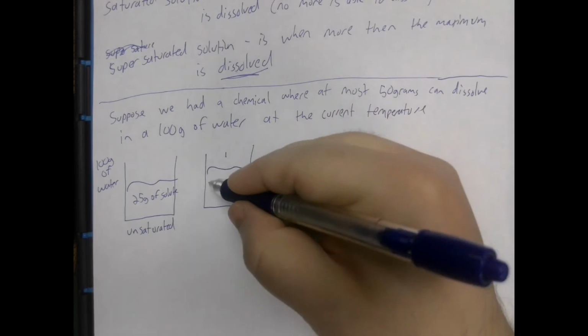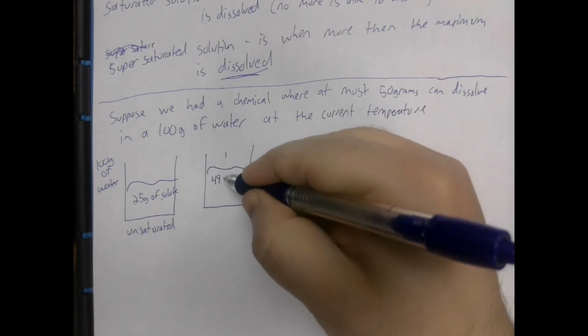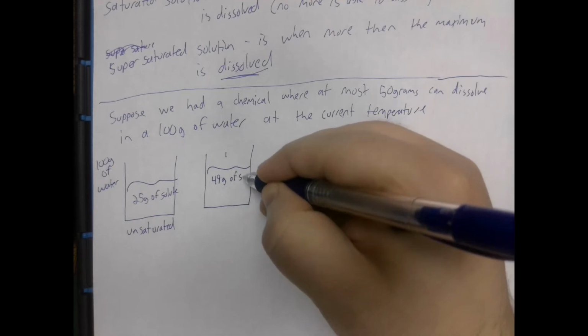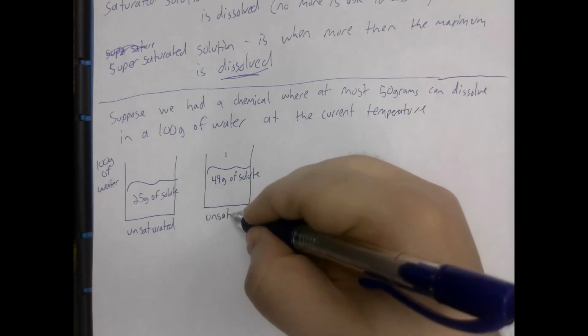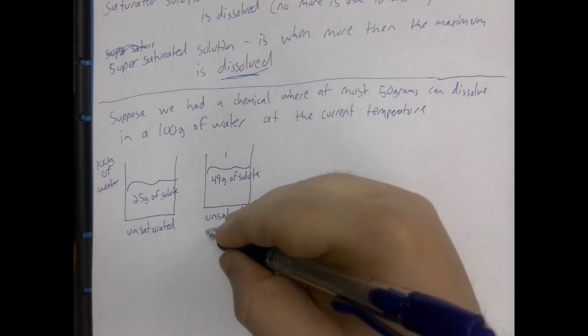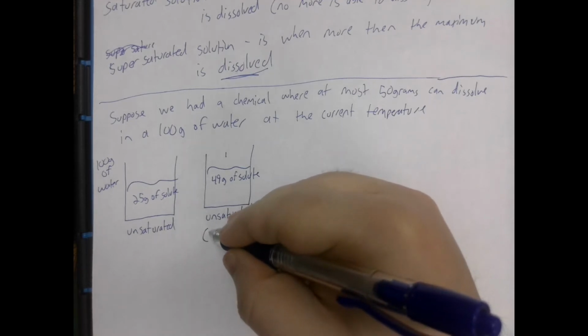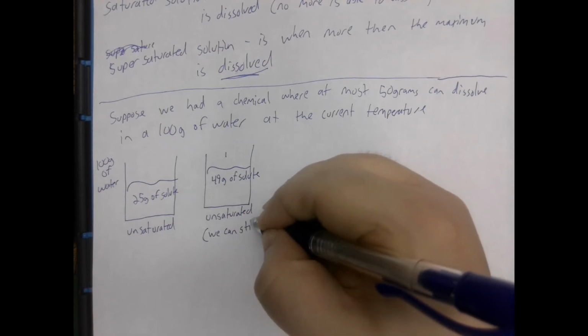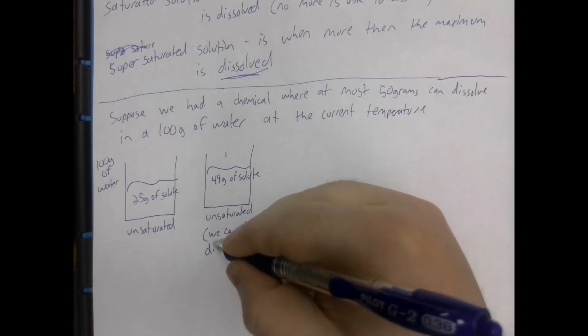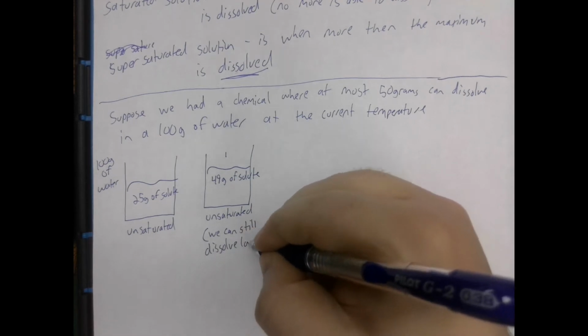Again, 100 grams of water. If we put 49 grams of solute in, this is still unsaturated. That's because we can still dissolve 1 gram of solute.